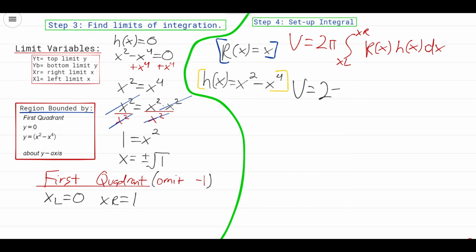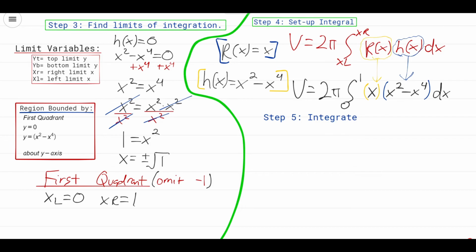So our volume is equal to 2 pi, 0 to 1, of x times x squared minus x to the fourth, dx. And again, our r of x and our h of x are these terms right here. So our r of x goes to x, and our h of x is x squared minus x to the fourth power. So that's how I set up the integral, by plugging in r of x and h of x.